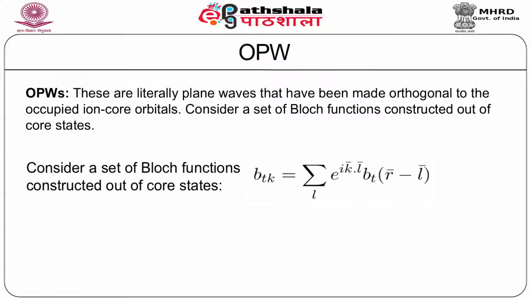A core orbital, such as given by b_t, is strongly localized so that it is no more than a combination of degenerate one-electron states, each corresponding to the localization of the electron on a particular atom.